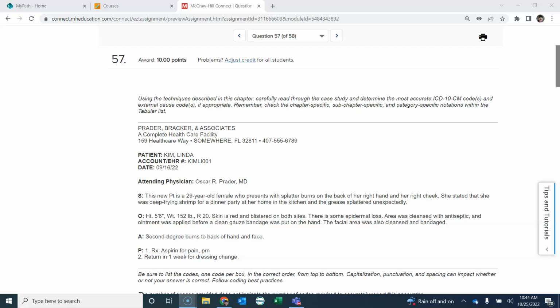We get the same A, D, and S options. So because we only have 5 characters, we've got to put a placeholder of T20.26XA. And then if you look under the T20.2, it says use additional external cause codes to identify source, place, and intent. Okay, so it's telling us we got to go to our external cause codes.